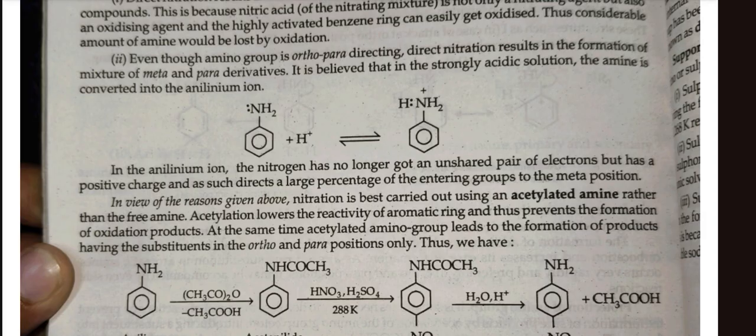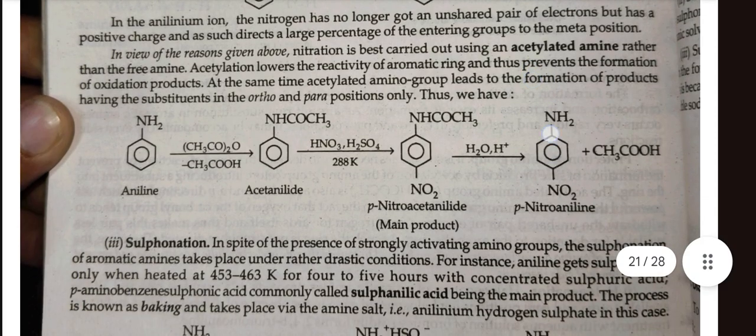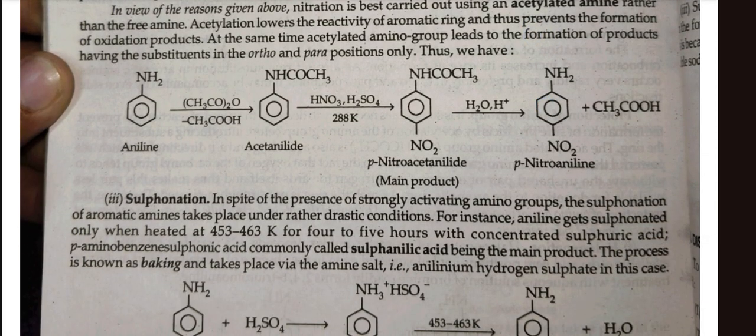Acetylation lowers the reactivity of the aromatic ring and thus prevents the formation of oxidation products. At the same time, the acetylated amino group leads to the formation of products having the substituent in the ortho and para positions only. Thus aniline gives acetanilide, which gives para-nitroacetanilide as the main product, plus ortho-nitroacetanilide.